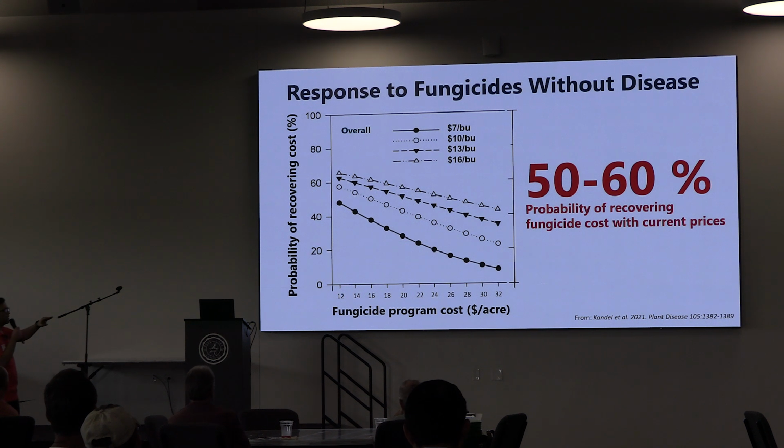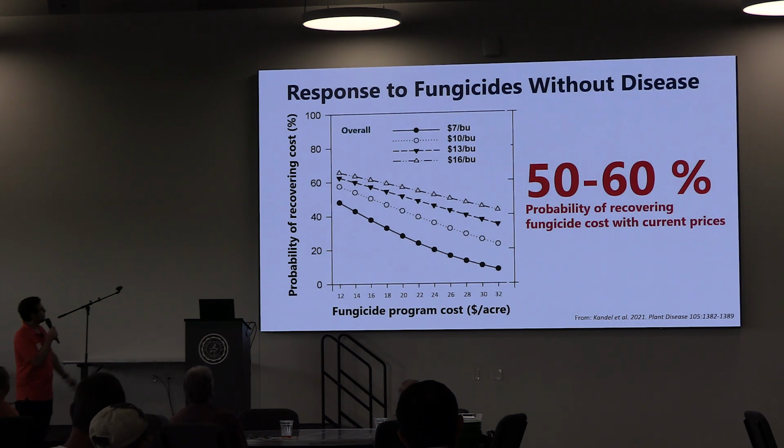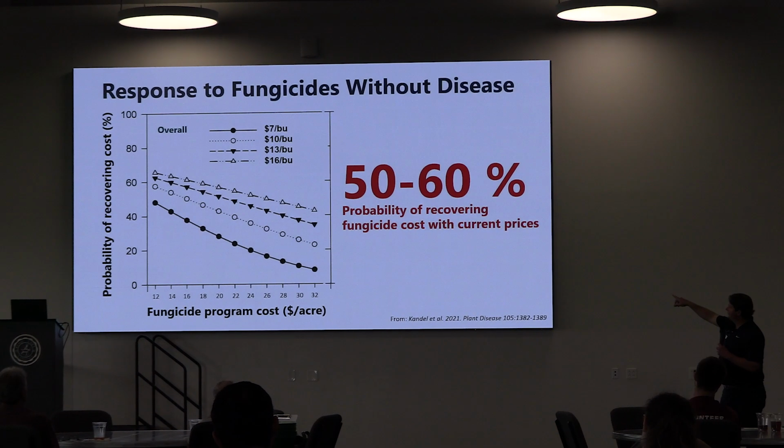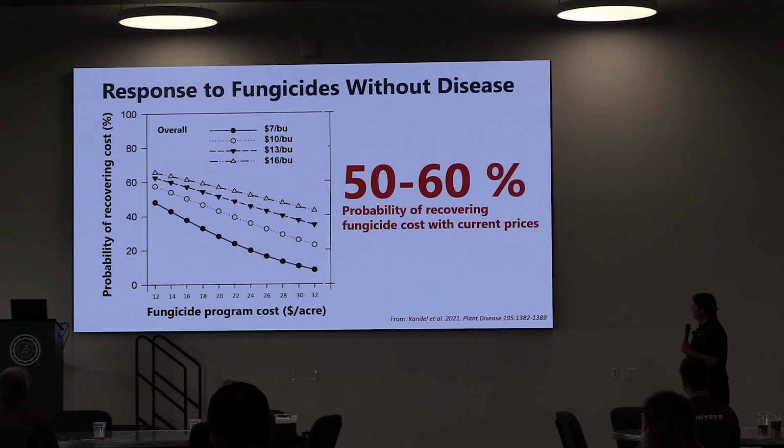I think, Carl, these days could be like 13 the price per bushel? Yeah, I think you can see the range of $7 a bushel to $16 a bushel up there. Each one of those lines represents a different marketing price for soybeans. So I think even the current prices would fall into that range.